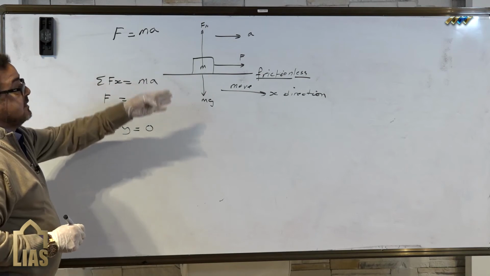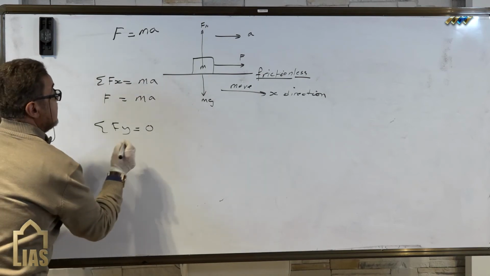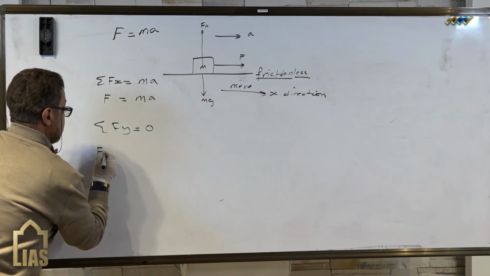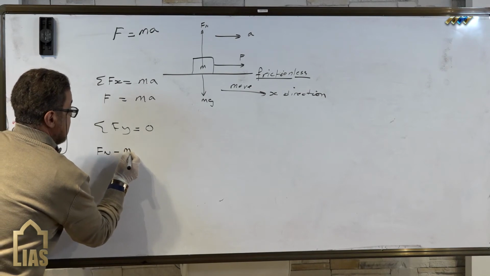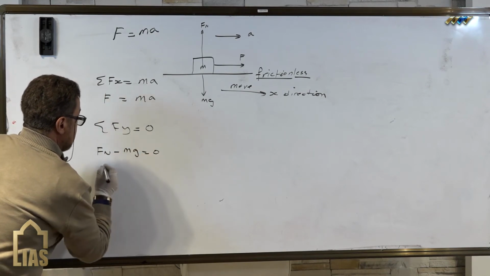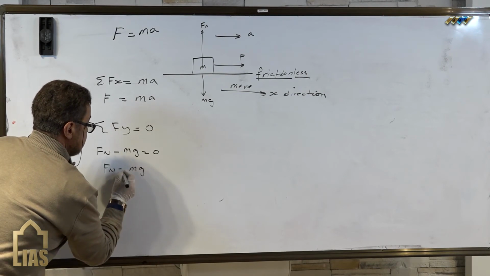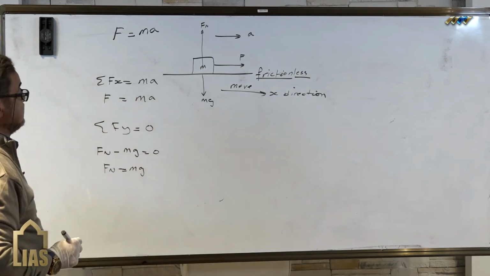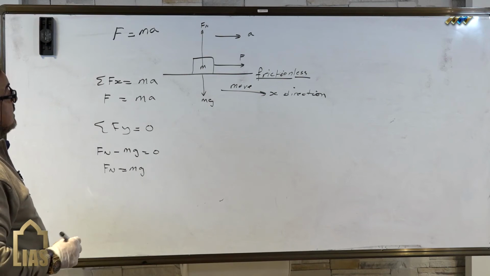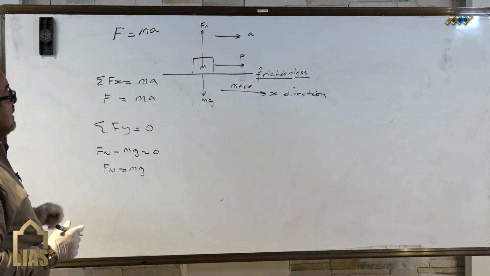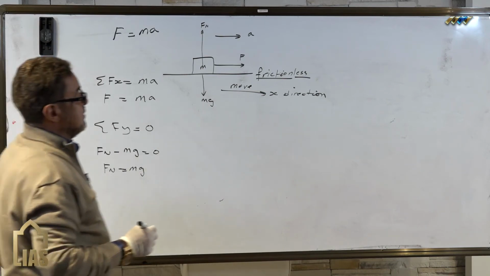There is no movement in the y direction. Then Fn minus mg is equal to 0, or Fn is equal to mg. This is frictionless.